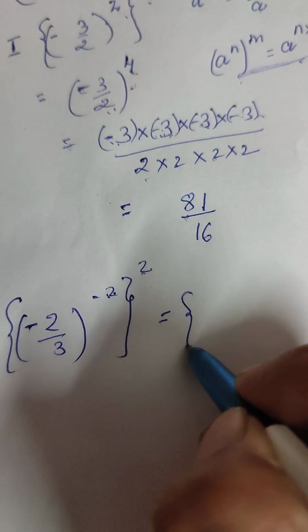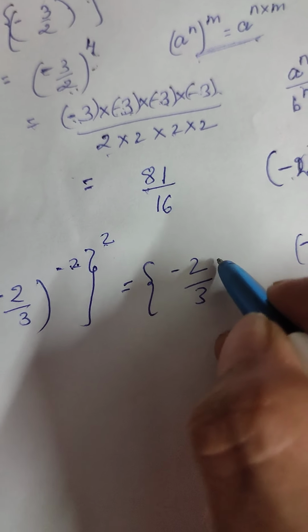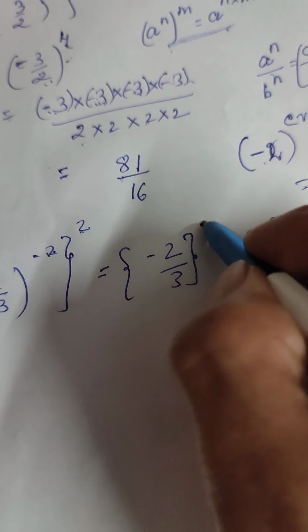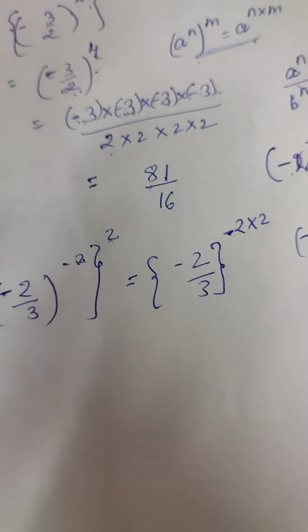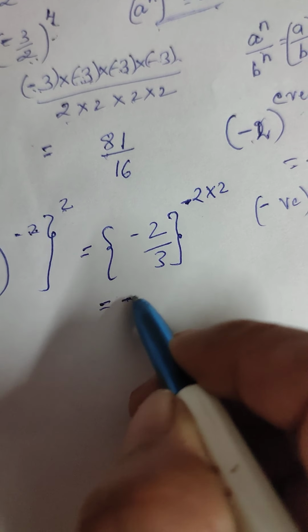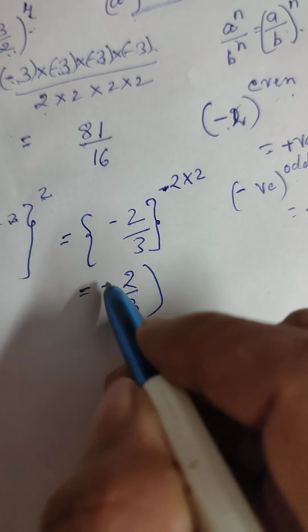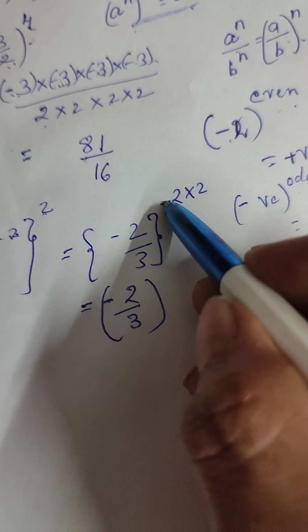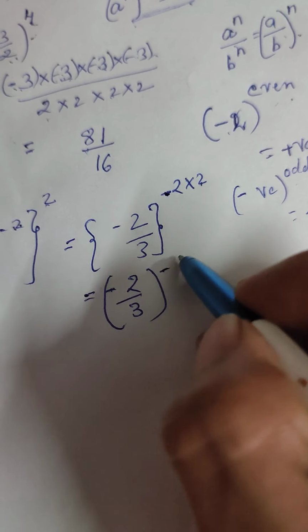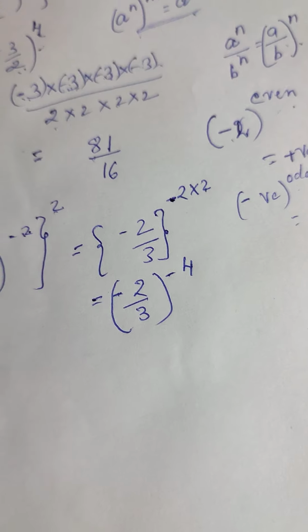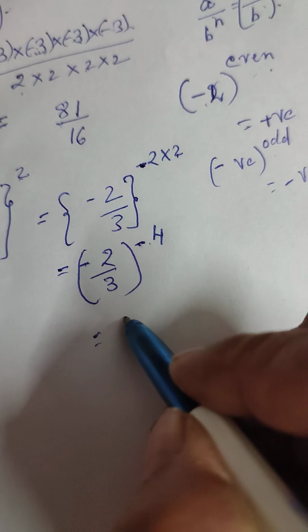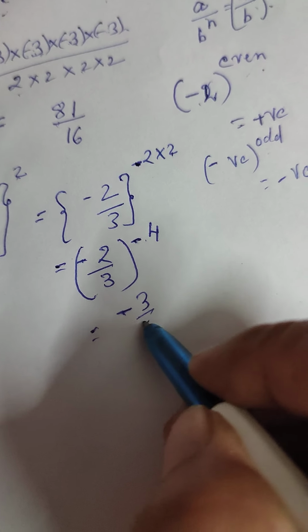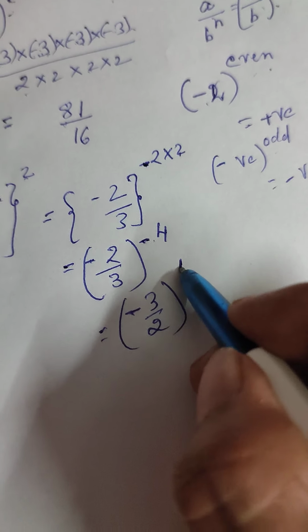That means I can write (-2/3) with the exponent -2 into 2, which will give me -4. Now to remove the negative from the power, what do we do? We take the reciprocal. So (-3/2) to the power of 4.